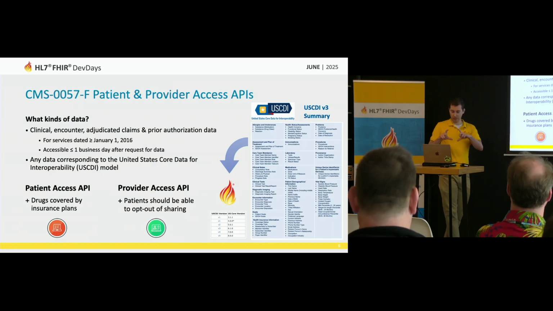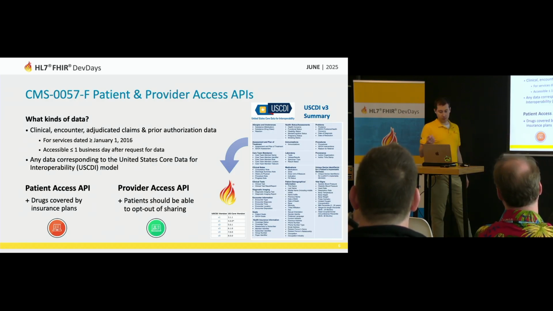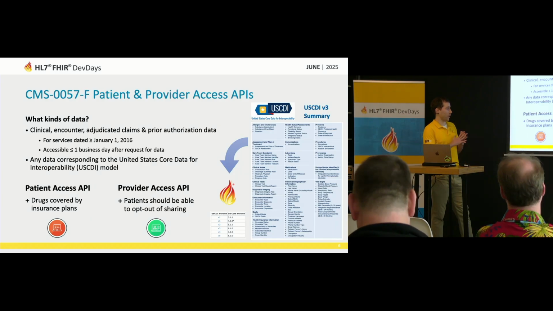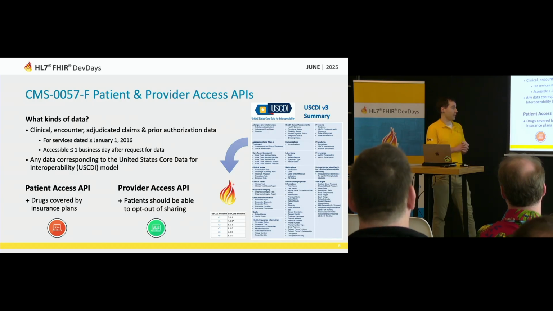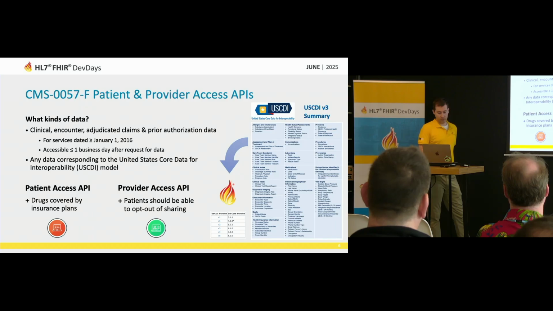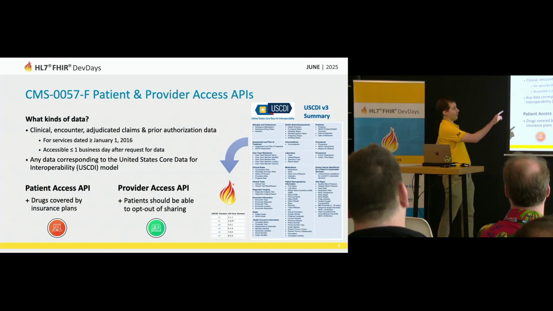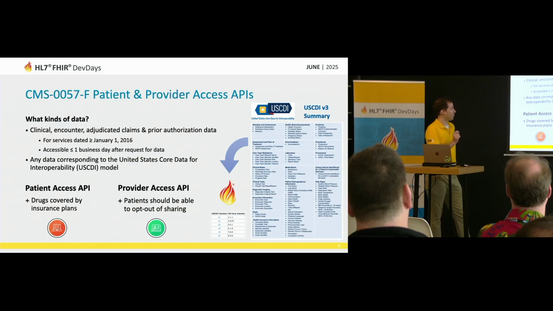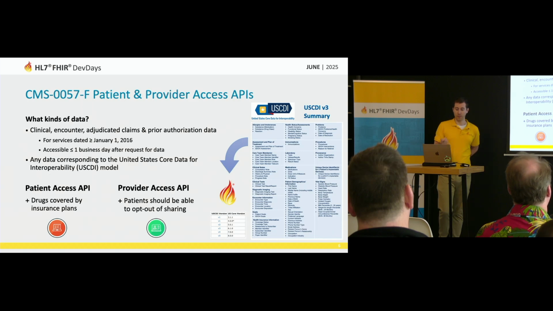I think you have the slides. And also see that it corresponds to a specific FHIR implementation guide called US Core. So this is clinical and financial data, but in addition to what's in USCDI, for this use case, it's also going to be data about prior authorizations and claims.